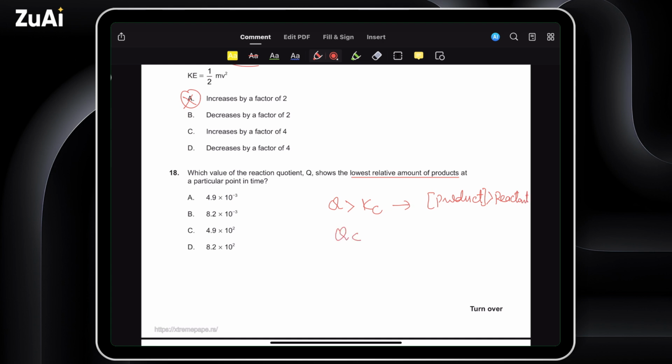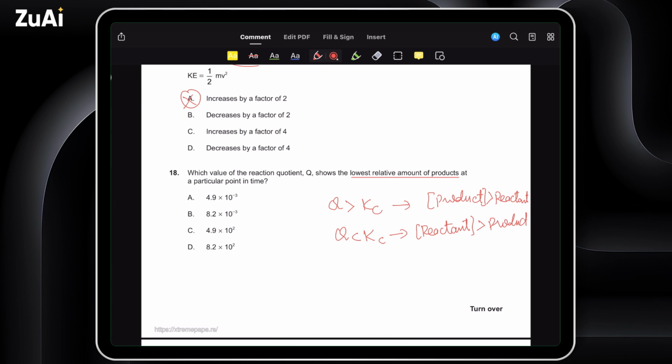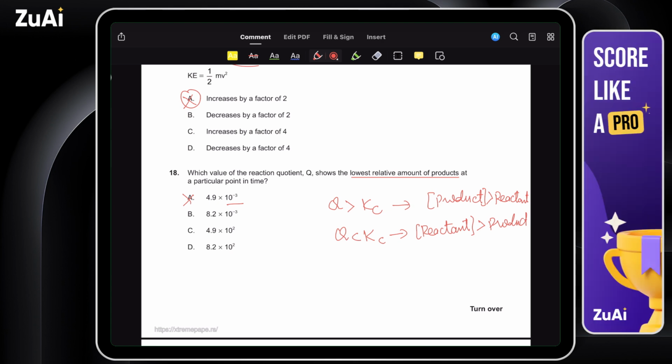If Q is lower than Kc, then reactant concentration is higher than product. So that's why that's the lowest value.